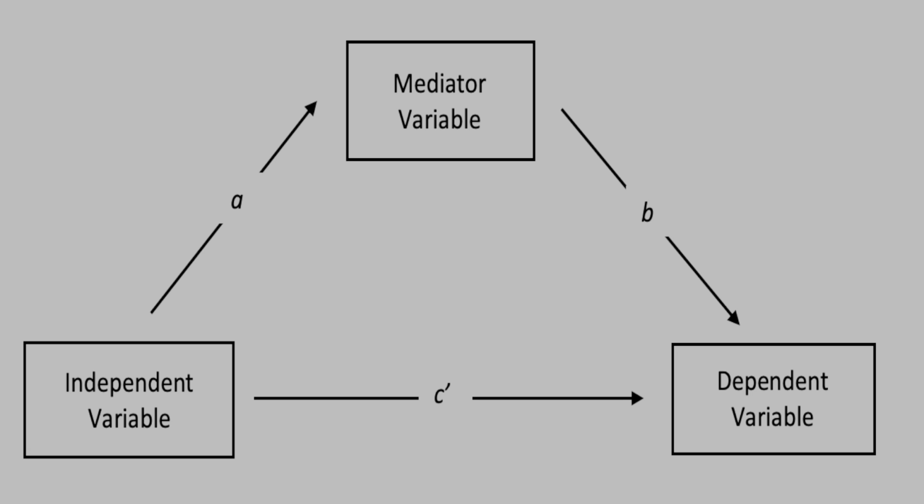Mediating, or sometimes we call them mediator variables, play a significant role in research by explaining the processes or mechanisms through which an independent variable influences a dependent variable. They help in understanding how or why certain effects occur by acting as a link or pathway between the two main variables of interest.